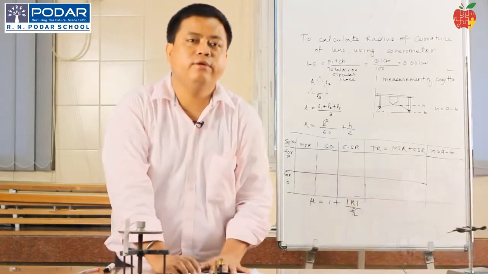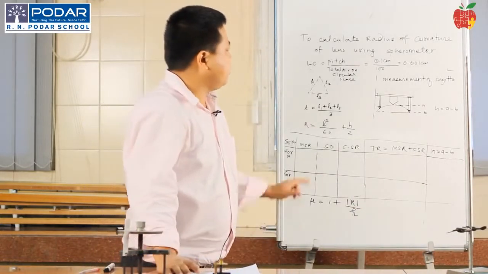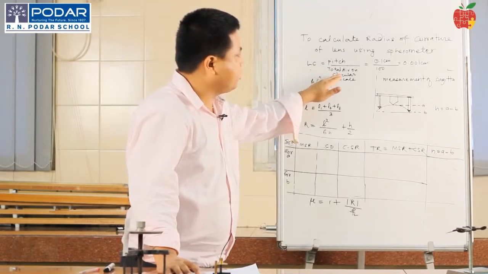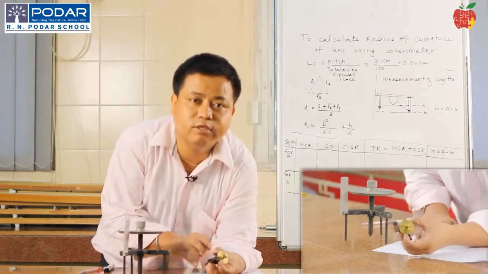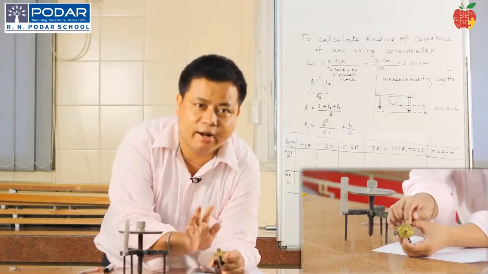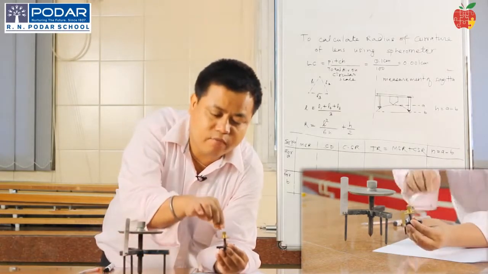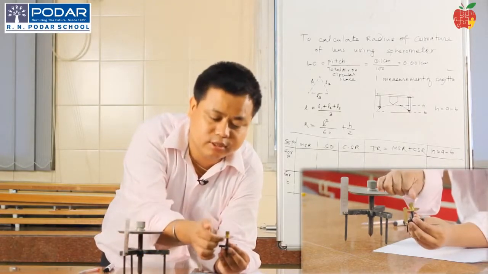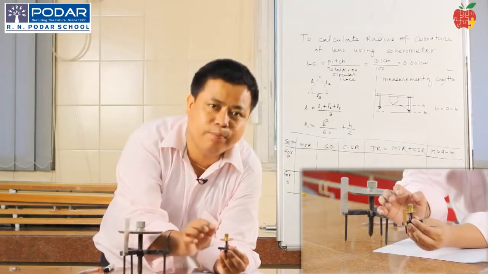Now how to calculate the least count of this spherometer? Spherometer least count is defined as pitch upon the total divisions on the circular scale. As you see, the total division on the circular scale is 100. Pitch is defined as the distance traveled on the main scale by the circular scale when I give one rotation.